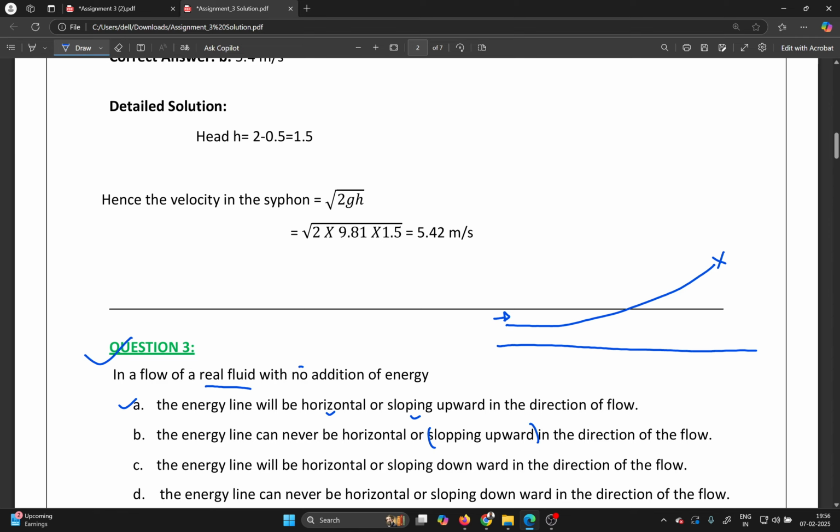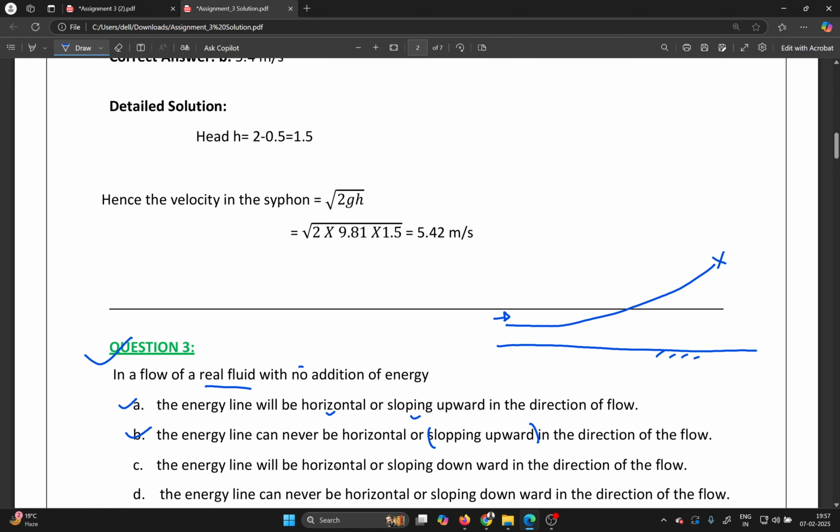Okay, if the loss is there, then this option may be correct, because the energy line can never be horizontal if the loss is there. This is a real fluid, so definitely loss will be there. Okay, let us read the third option.